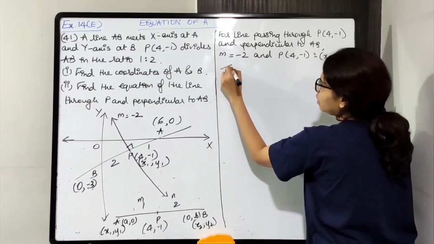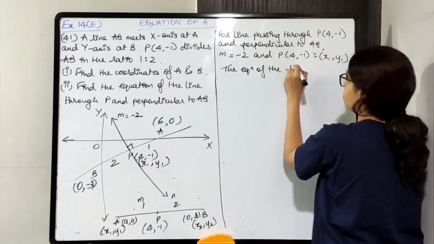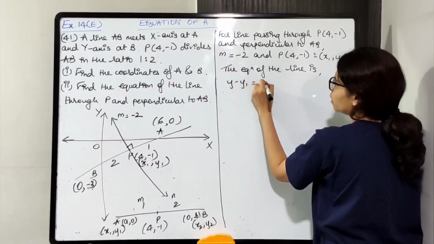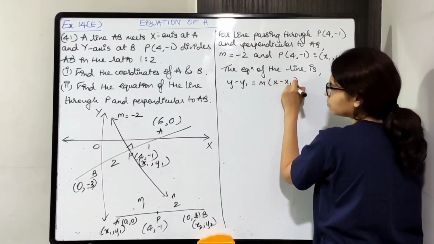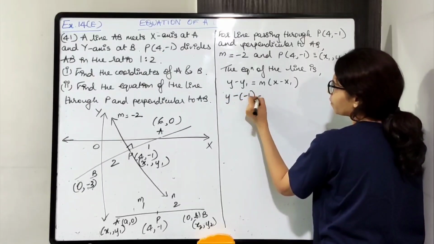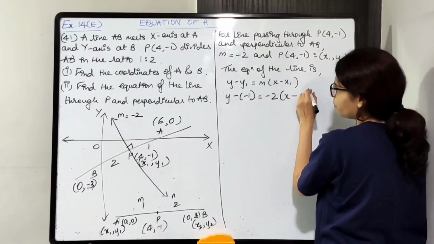So the equation of the line is y minus y1 equals to m into x minus x1. y1 है -1, m is -2, x minus x1 is 4.